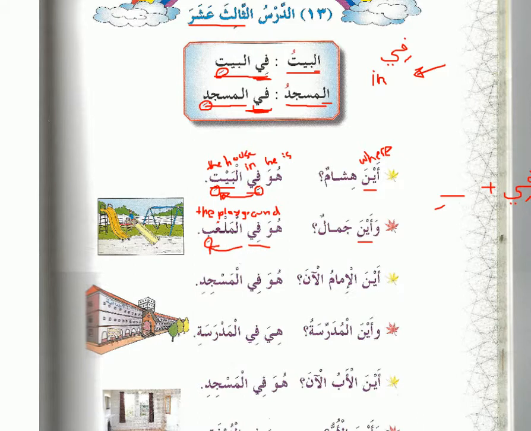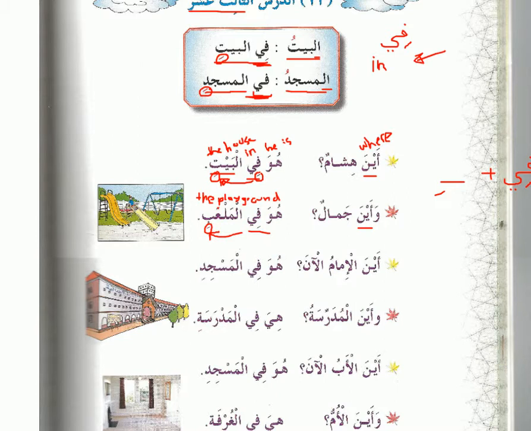Okay, the next sentence. This is easy, right? You guys are understanding how we do this? It's basically whenever you have, what's the rule? What's the rule we learned in this lesson? What's the big main rule? In, good. In is the new word. Fi plus a word with a kasra, good.